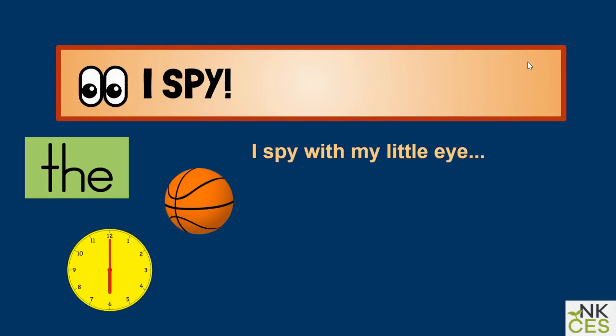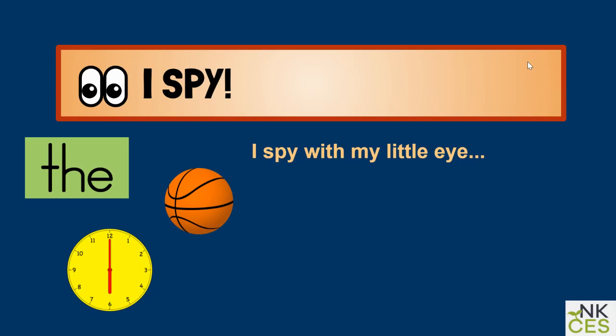If you're working with intermediate grade students, that's fourth and fifth graders, they might think that's a little babyish and you might just want to begin with, I spy. And it could be something very simple, like I spy something red, or I spy something that starts with the letter G. Your students can guess what it is, and the student that guesses correctly can start the next round.